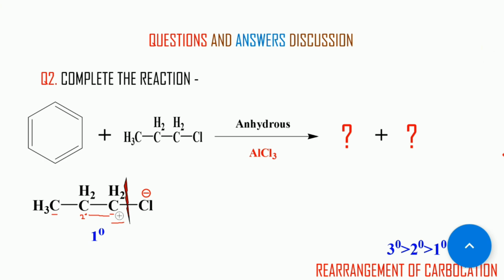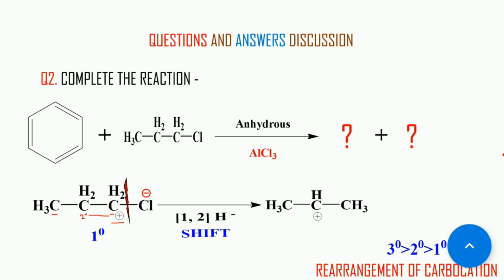Now there are different types of rearrangement processes for carbocations, like hydride shift, methyl shift and phenyl shift. For this reaction we require a 1,2 hydride shift. So our electrophile becomes like this one. And it's a 2 degree carbocation, which is more stable than the previous one, the 1 degree.